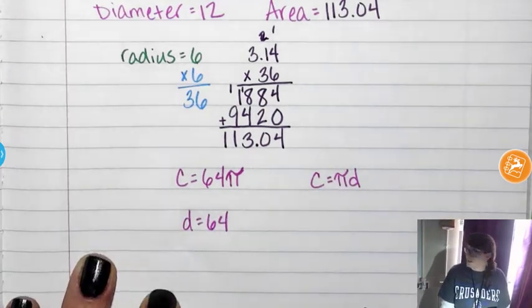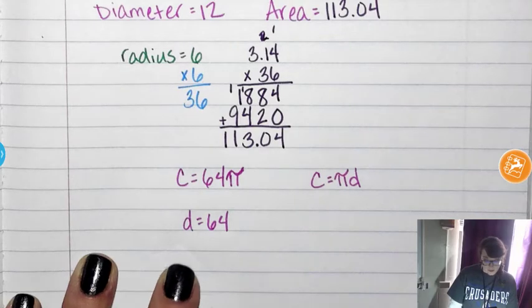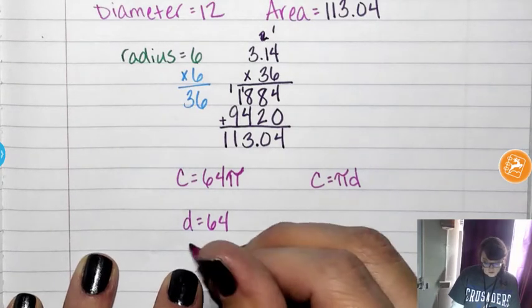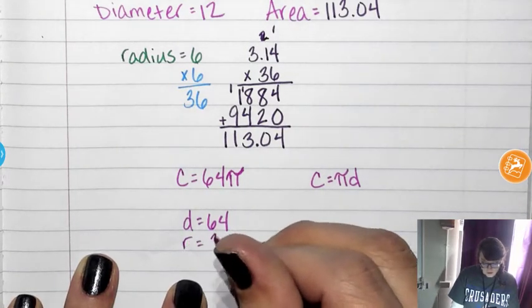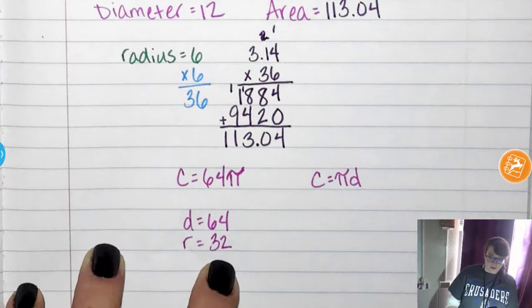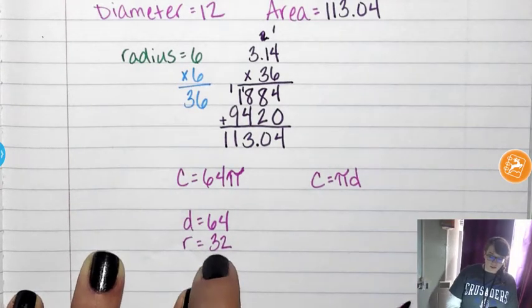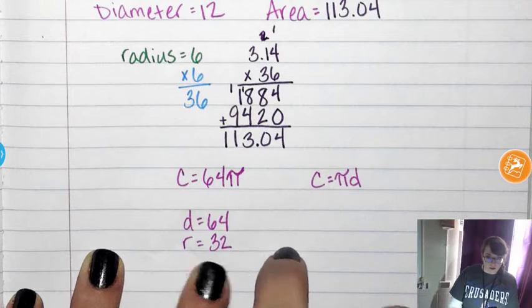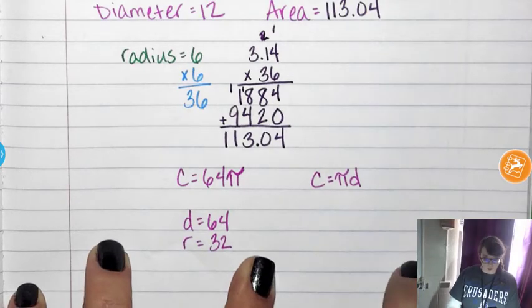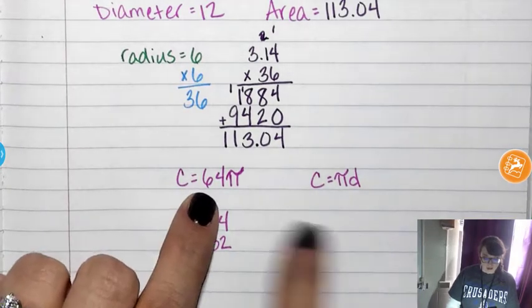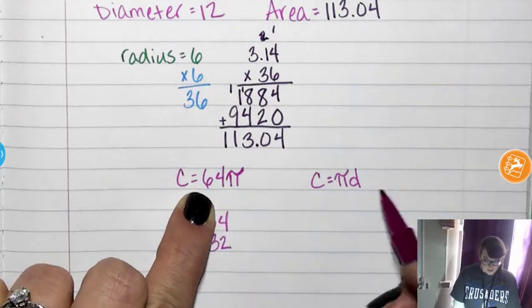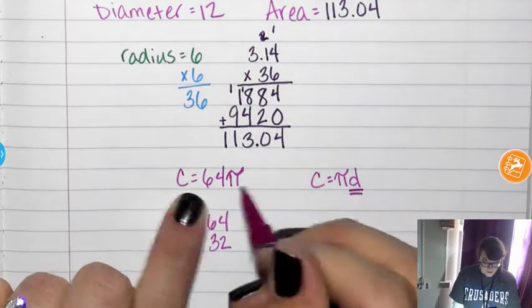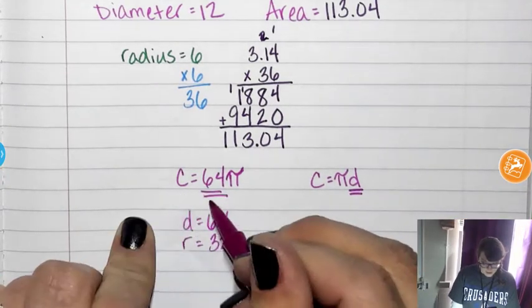So what would the radius be? 32. And I'm not going to make you do that because I'm doing this backwards. So then we would do 32 times 32 times 3.14. So if they tell you that the circumference is this, then that number right here is the diameter.